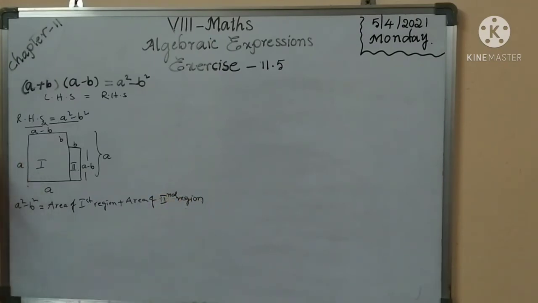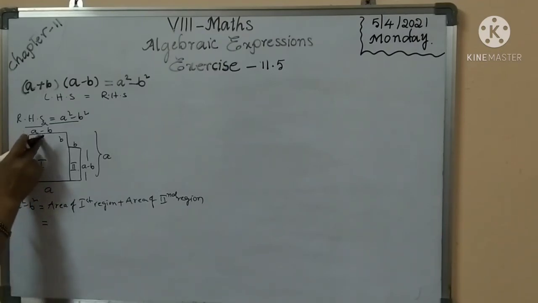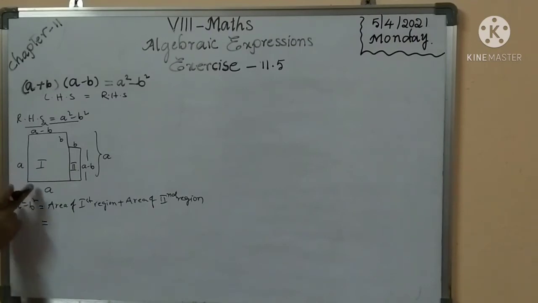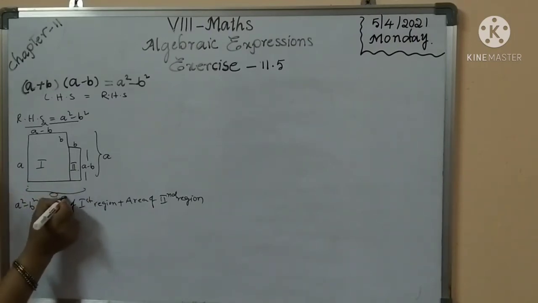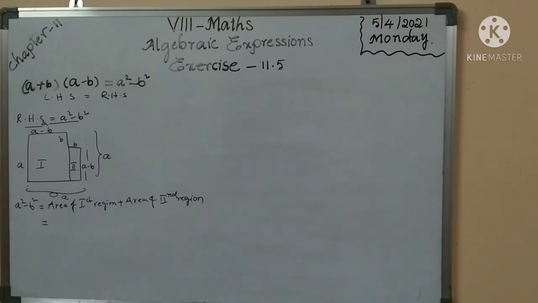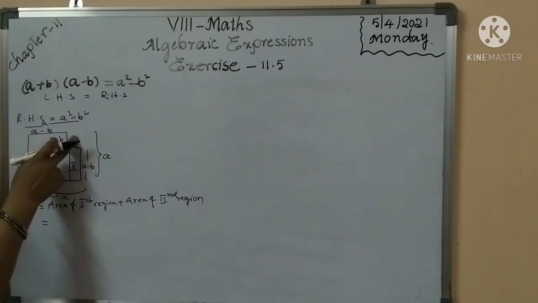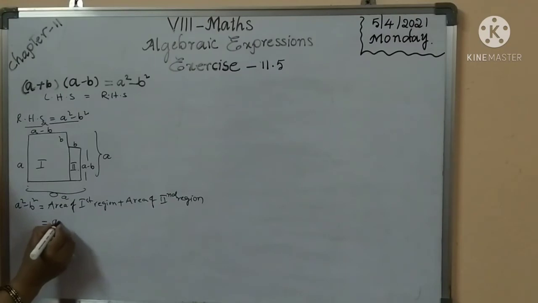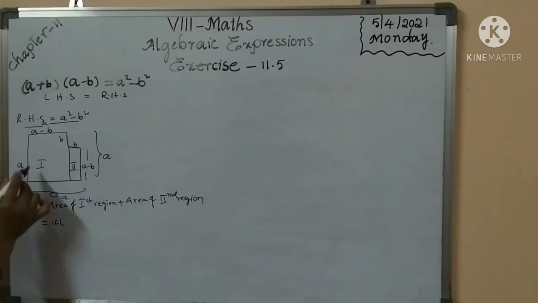Here a minus b, and here side of a. It is totally the distance of a. Understand? One part is removed.